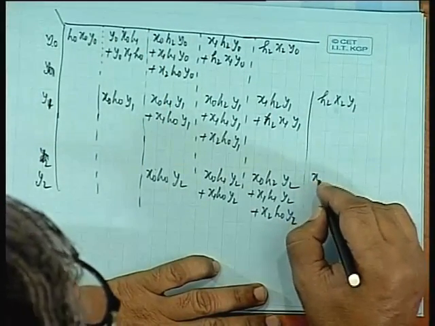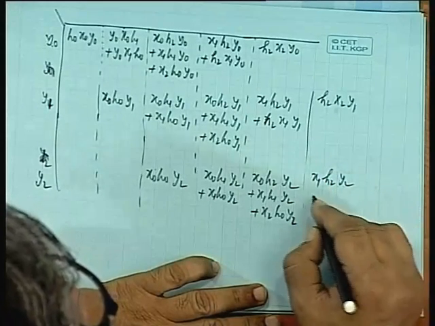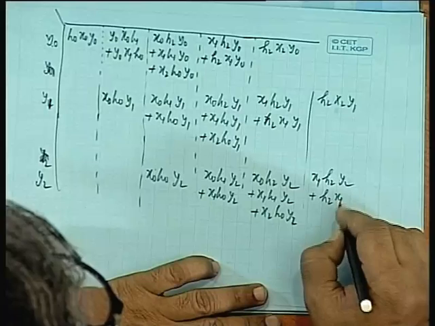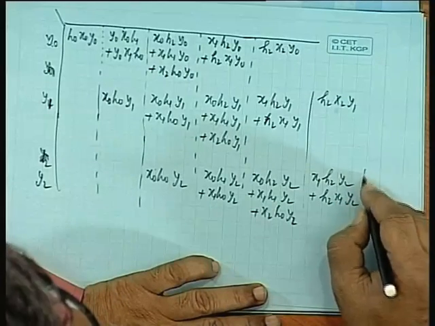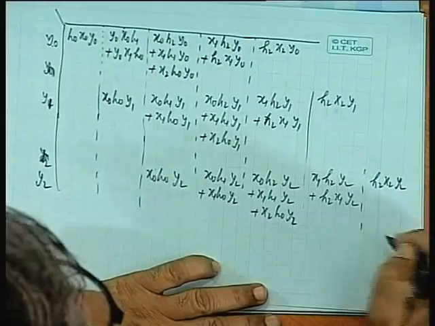Next x1 h2 y2 plus h2 x1 y2, and the last term will be h2 x2 y2.